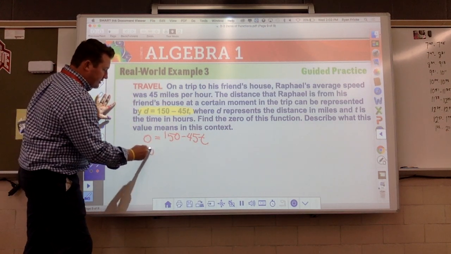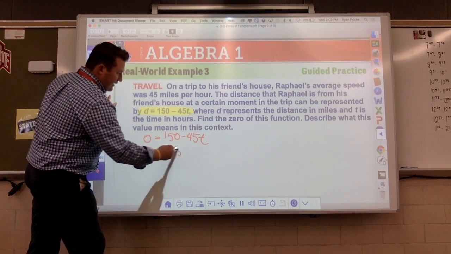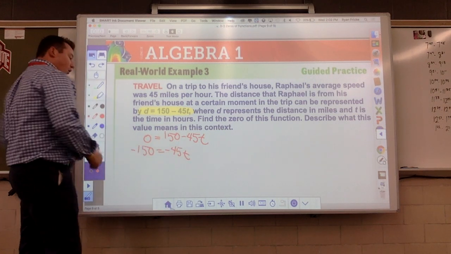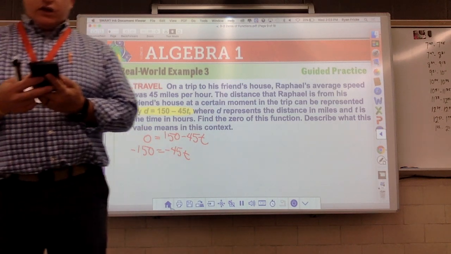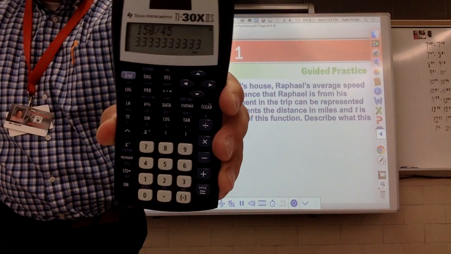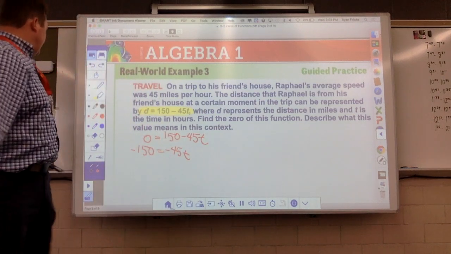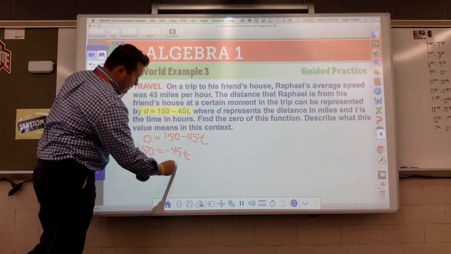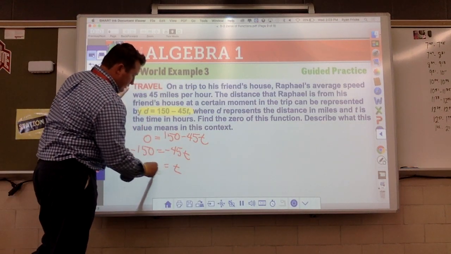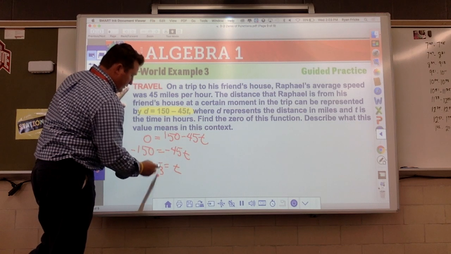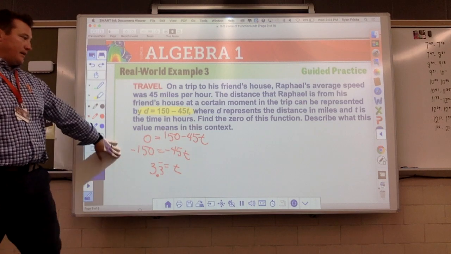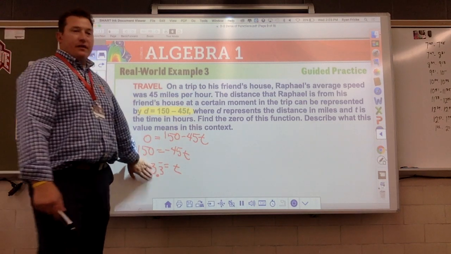So now it's negative 150 equals negative 45t. Once again, don't think we're going to get a good number here. Are we? Sure aren't. I get 3 1/3. So t equals 3.3 repeating.